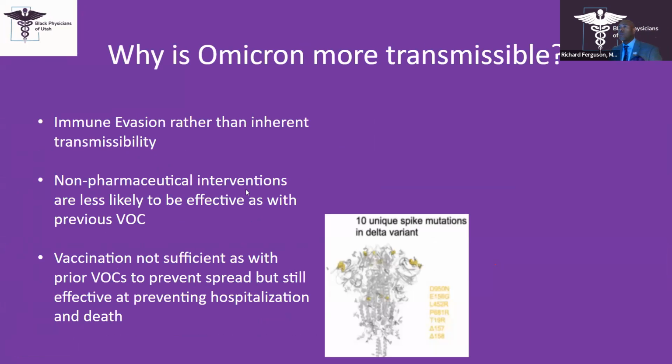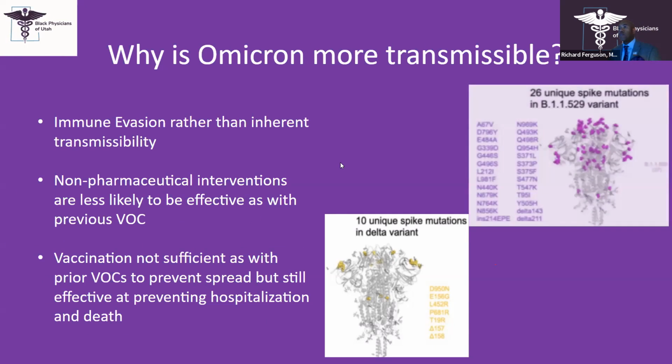So why is Omicron more transmissible? Part of it is that the antibodies that the vaccine has taught our body to make to the spike protein have more difficulty binding to it to stop it from going into the cell.